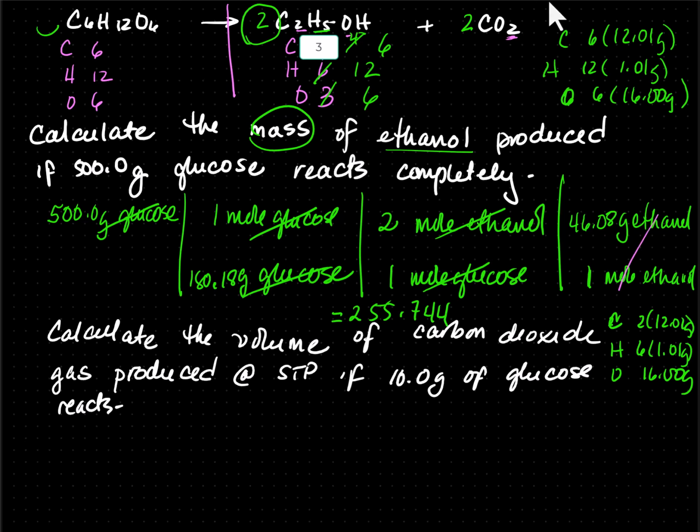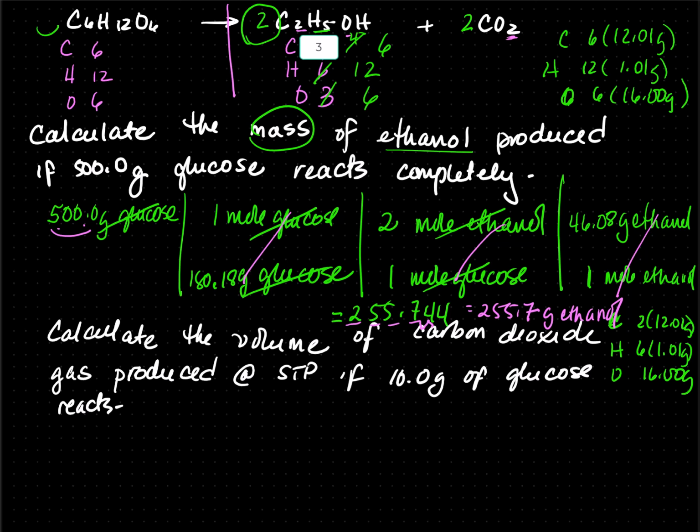There are 4 significant digits. These zeros are significant because there's a decimal, so I need 4: 1, 2, 3, 4. This is 255.7 grams of ethanol.